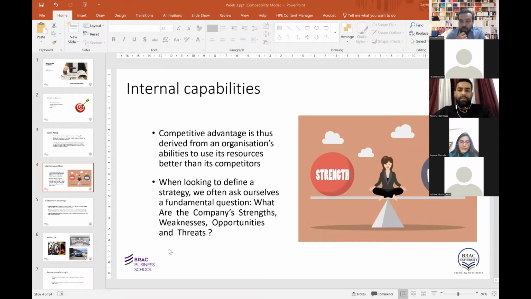Because these are obviously important. Every organization may have some key core strengths and weaknesses. So even before an organization wants to achieve a sustainable competitive advantage, they really need to look into their own strengths and weaknesses. That's what we're going to do today with the use of various frameworks and tools, like we did in our last class.